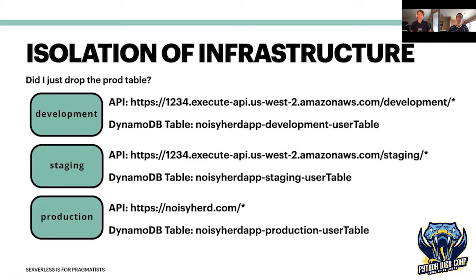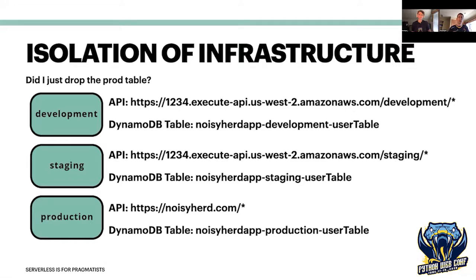But in production, I need to have a parameter that says use the noisyherd.com domain name. Parameterization that can be performed by storing parameters inside of a service like AWS Systems Manager Parameter Store enables us to use those parameters for our Noisy Herd application independently in each environment that we're deploying into.